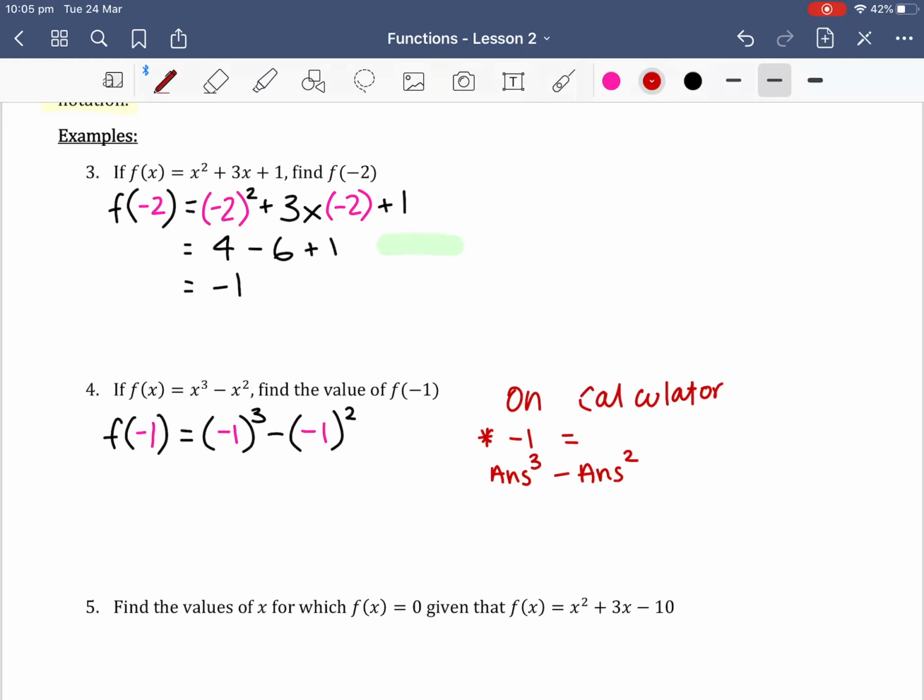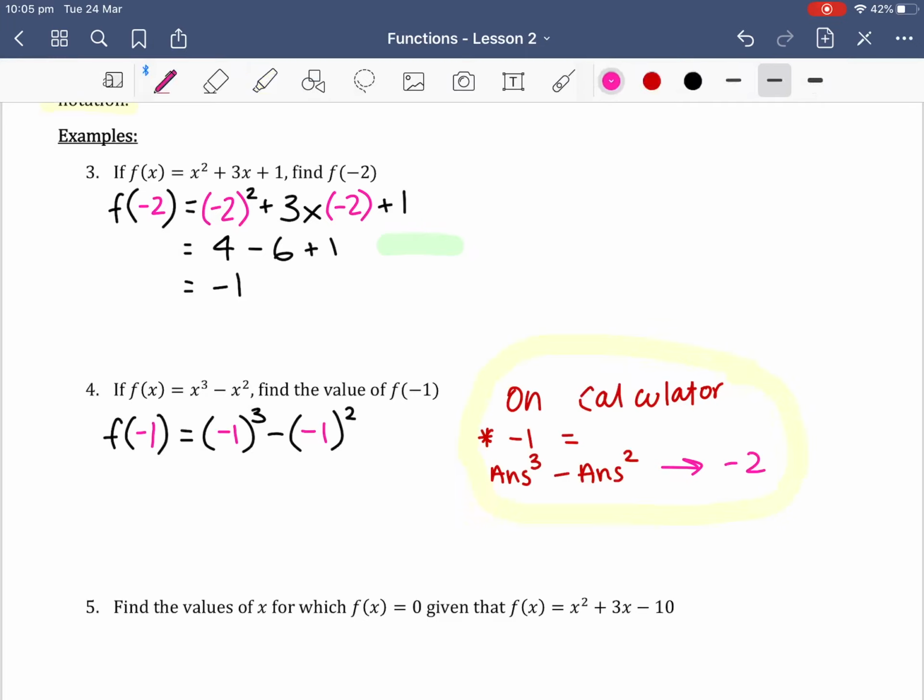So you hit your answer button, cubed, minus answer squared. When you do this, it gives you an answer of negative 2. So that's how you do it on the calculator.